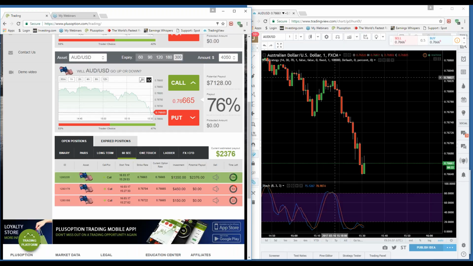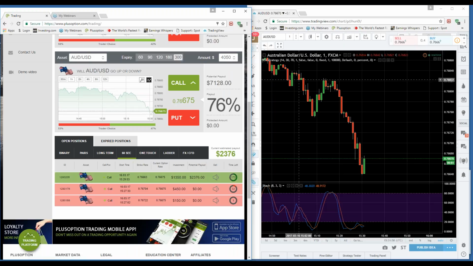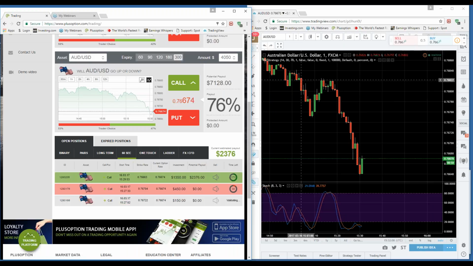And this type of situation is exactly why you need to have enough money in your account to cover the impending losses. So our first 3 trades will expire out of the money.